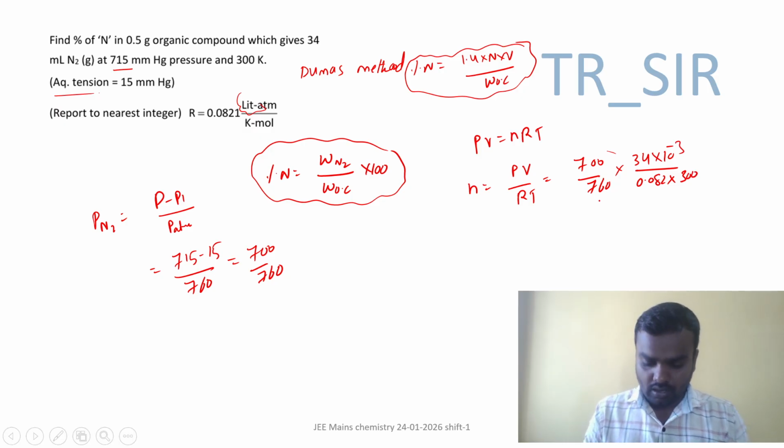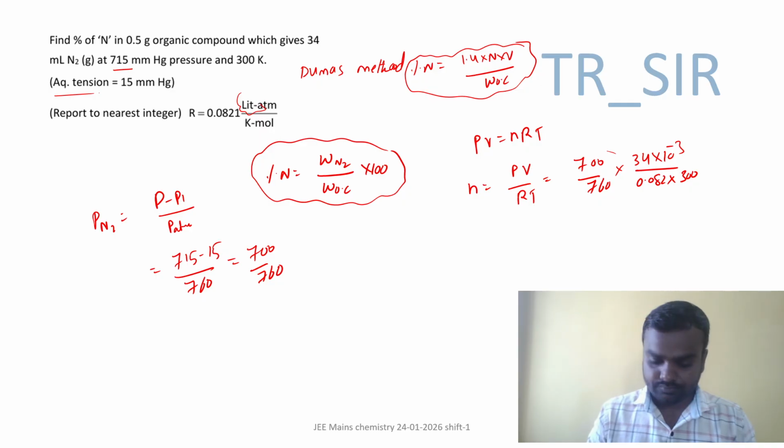So after solving, how much will we get the answer here? 0.0821 into 300 into 760. So you got this one: 700 into 0.034, divided by this one. So we'll be getting like this, 23.8 by 18718.8.